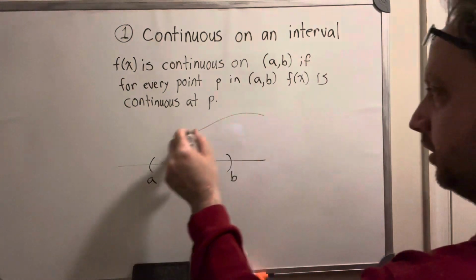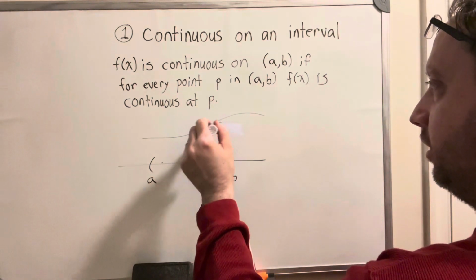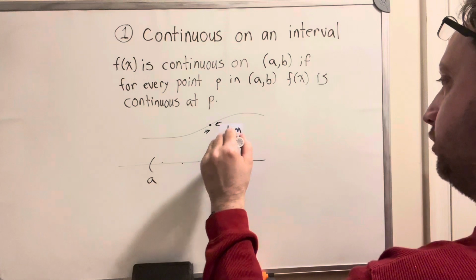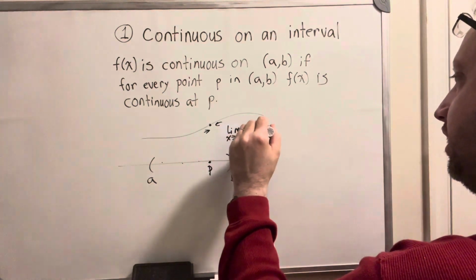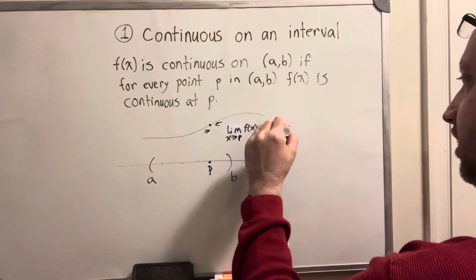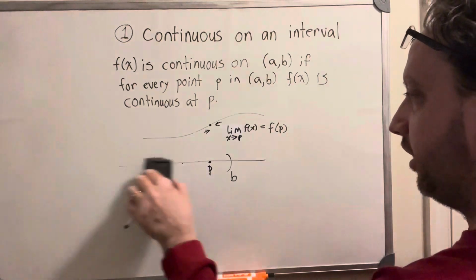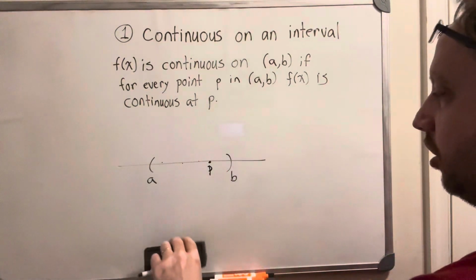So if you have the limit as x approaches p of f of x equals f of p for every point in this interval, then you can say it's continuous on that interval.